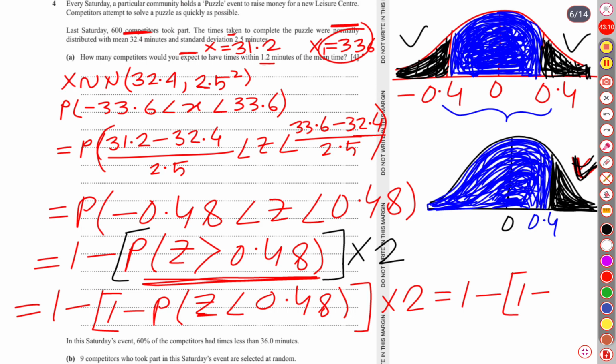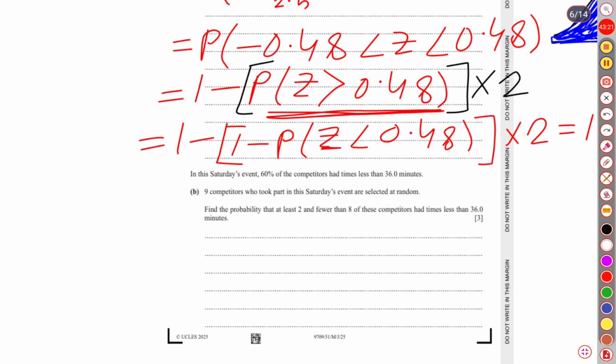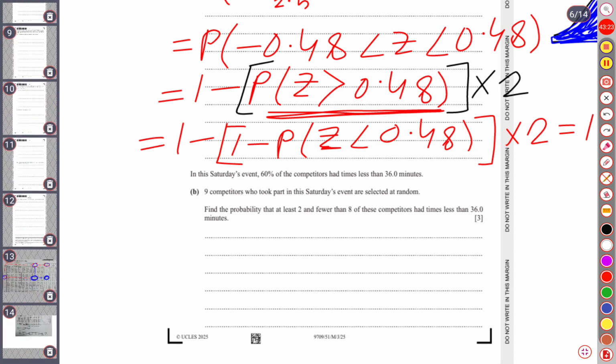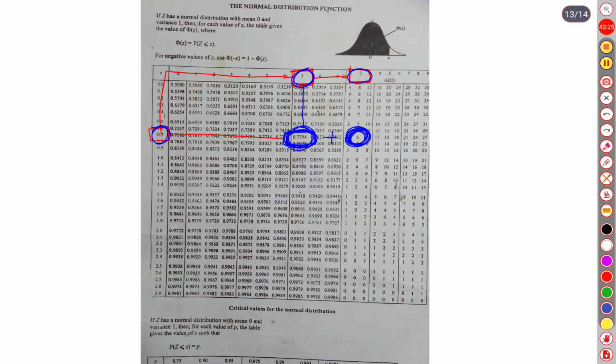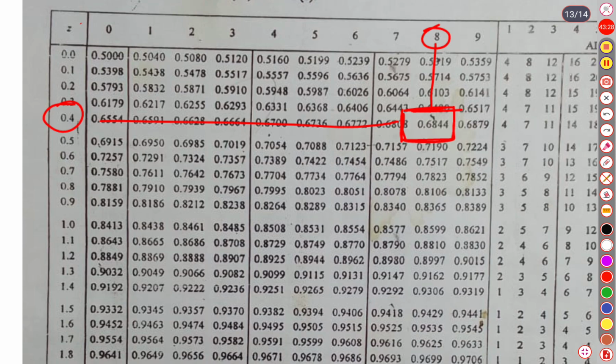Now we are going to find the probability corresponding to a z-score of 0.48. Let me show you. When our z-score is 0.48, this is the row and this is the column, which is 8.